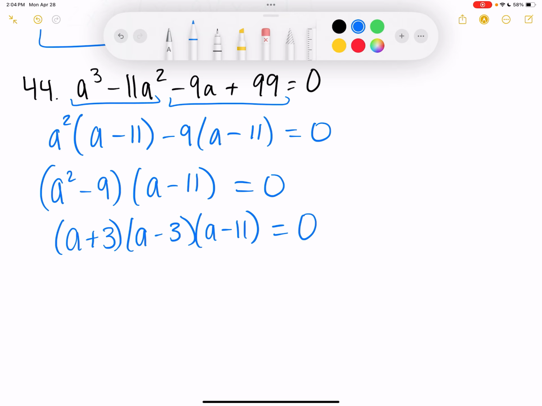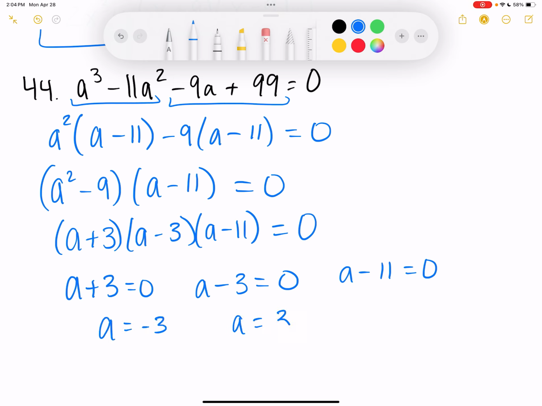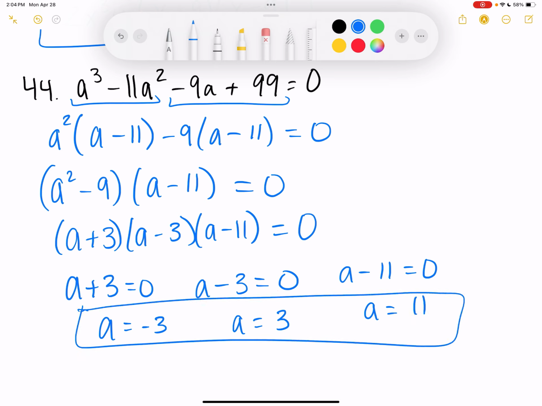Now I have three things being multiplied by each other. All three get set equal to 0. So I've got a plus 3 equals 0, a minus 3 equals 0, and a minus 11 equals 0. So a equals negative 3, a equals positive 3, a equals 11. Those are my three answers there.